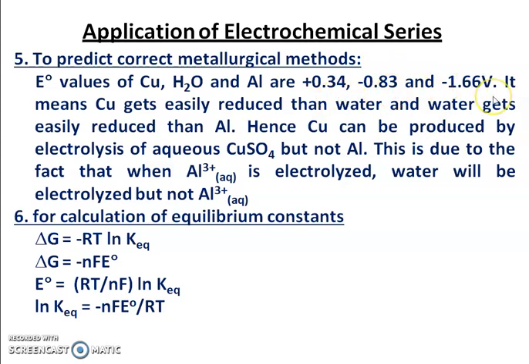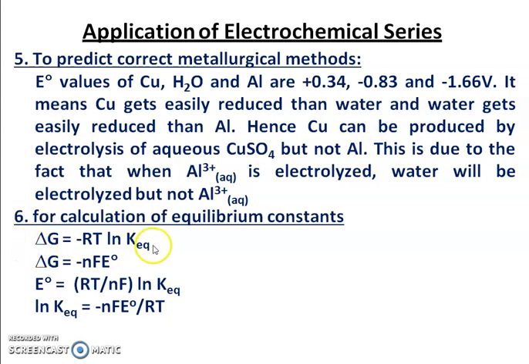So from these values, can you extract copper from the electrolysis of aqueous copper sulfate, or can you extract aluminium from an aqueous solution of aluminium ions? Obviously this tells us that copper can be produced by the electrolysis of aqueous copper sulfate but not aluminium.